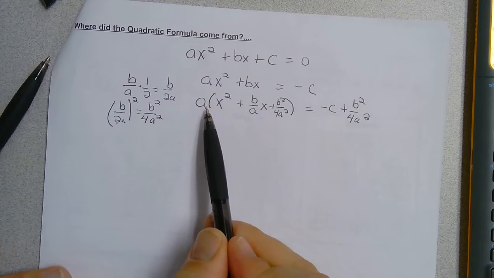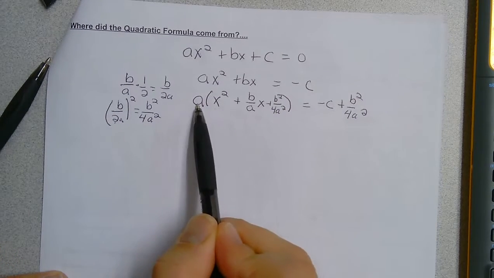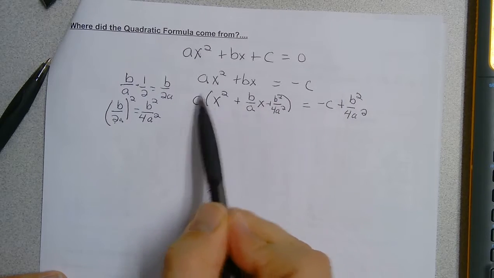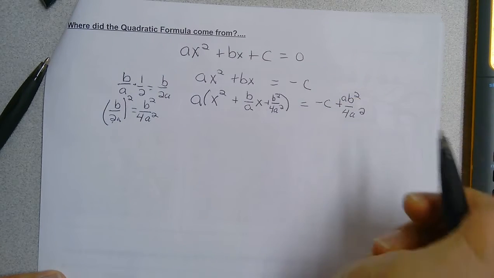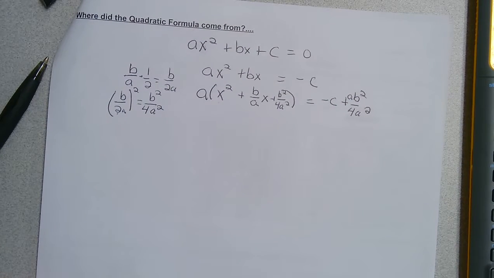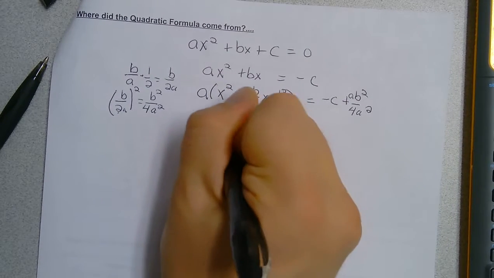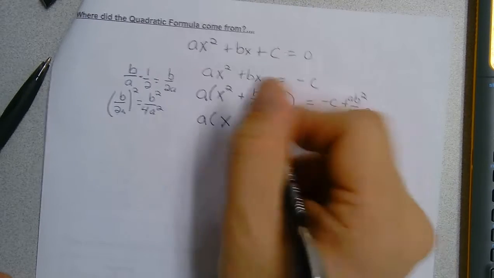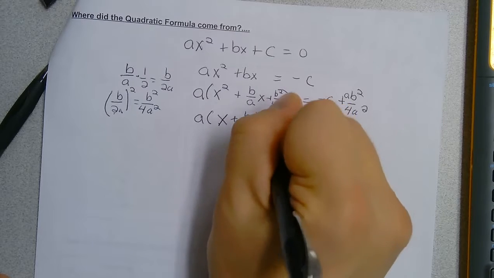And then just a reminder here, when I added b squared over 4a squared, I multiplied by a here. So for this one, when I multiplied that by a on this side, I actually have to have an a here as well. So this is going to factor into a times x plus b over 2a squared.